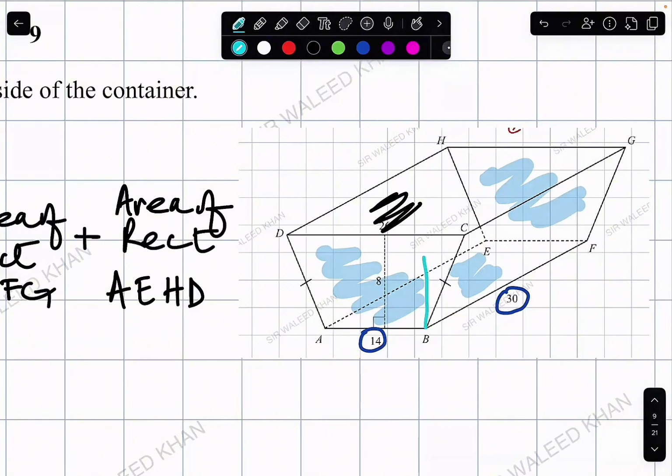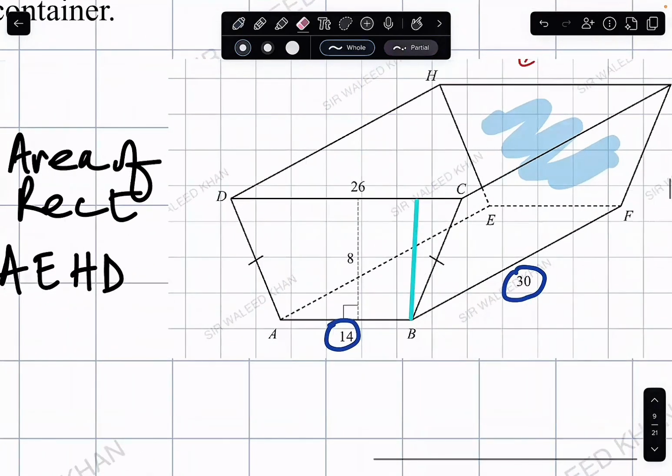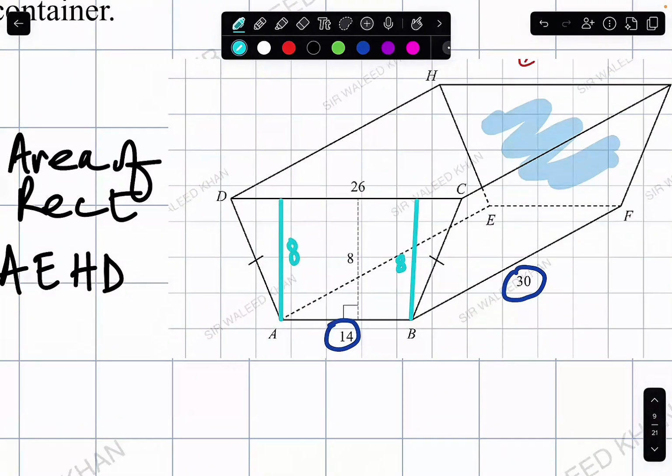The perpendicular distance from this parallel line to this parallel line, from AB to CD, what is the length? 8. All these are 8, right?